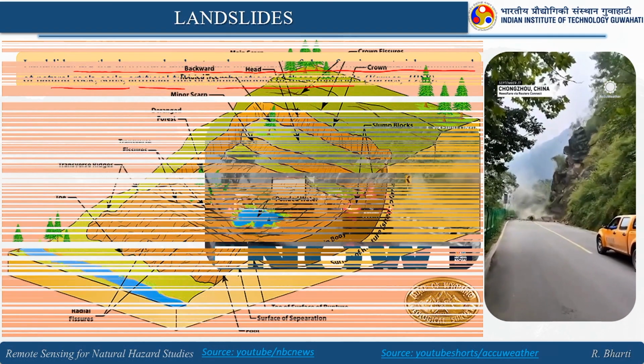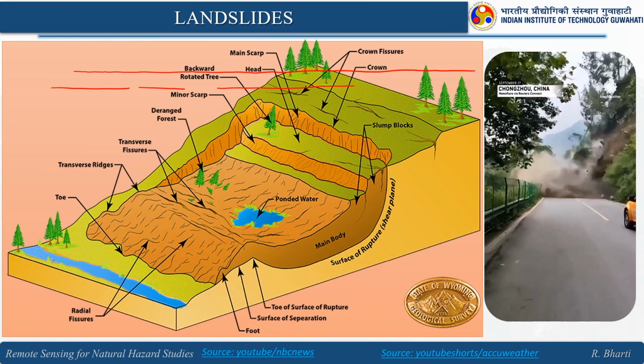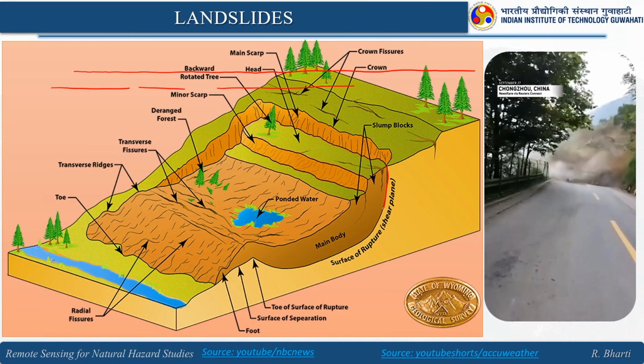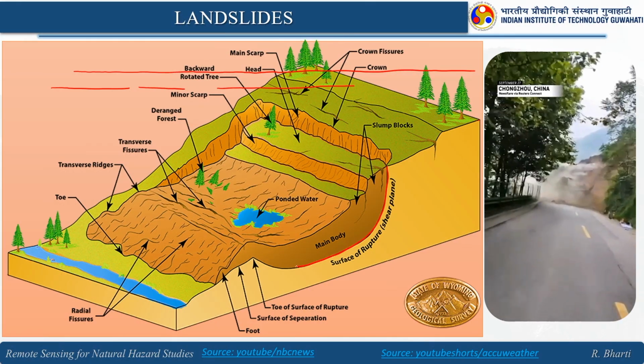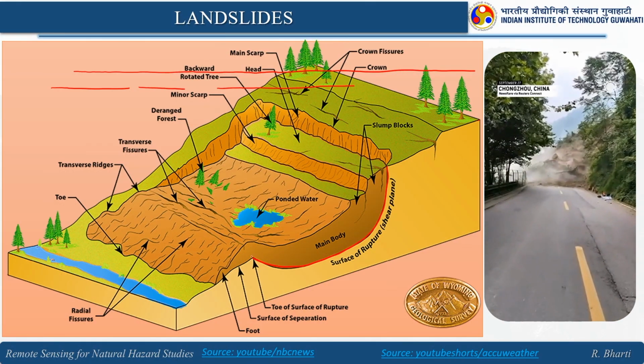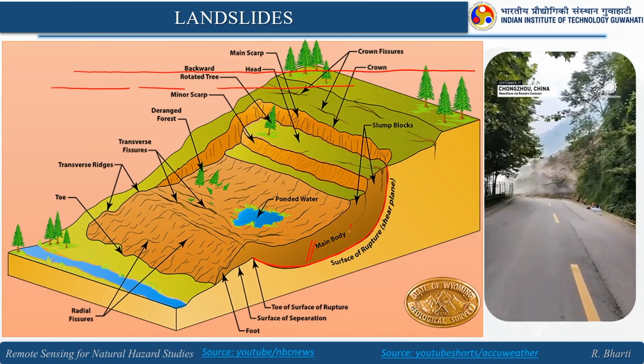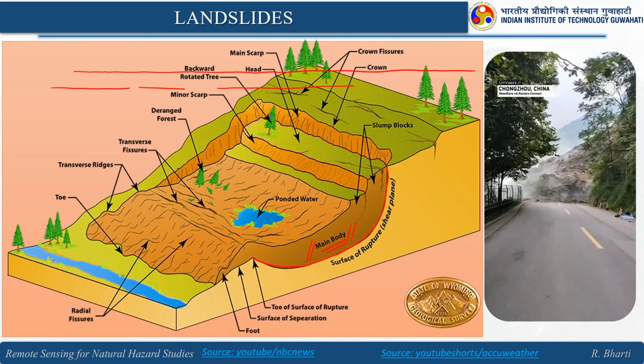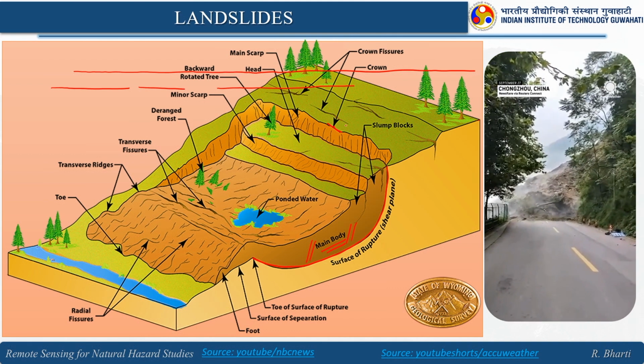So when we see the different components of a landslide, here you can see this particular plane, it is the surface of the rupture, right, and we call it main body, right. Now here you have the crown, this particular line, and then you can see that this particular layer was here basically in the continuation of this, which has shifted because of the landslide, right.